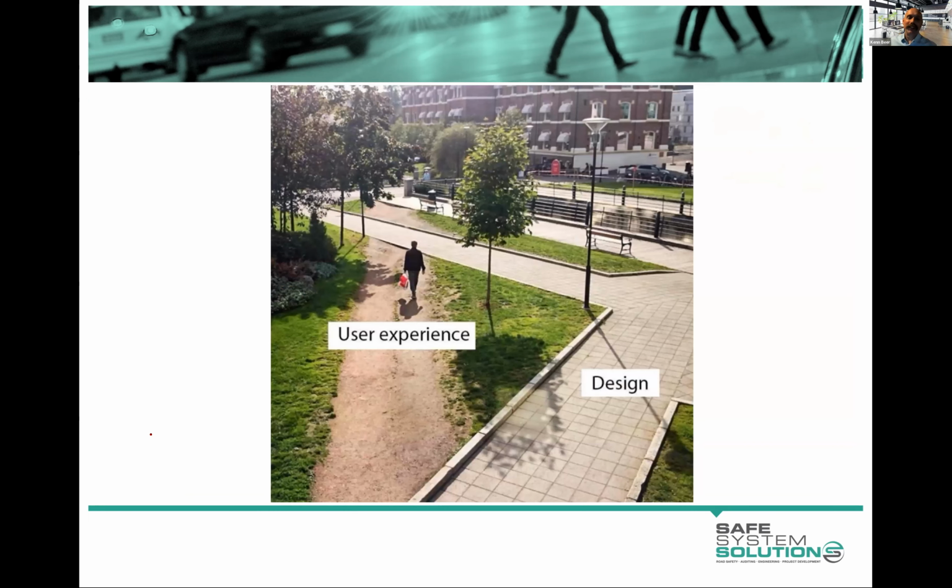I grabbed this one off LinkedIn the other day. I thought it was a good example of pedestrian design. I mean, there it is, the user experience versus the design.